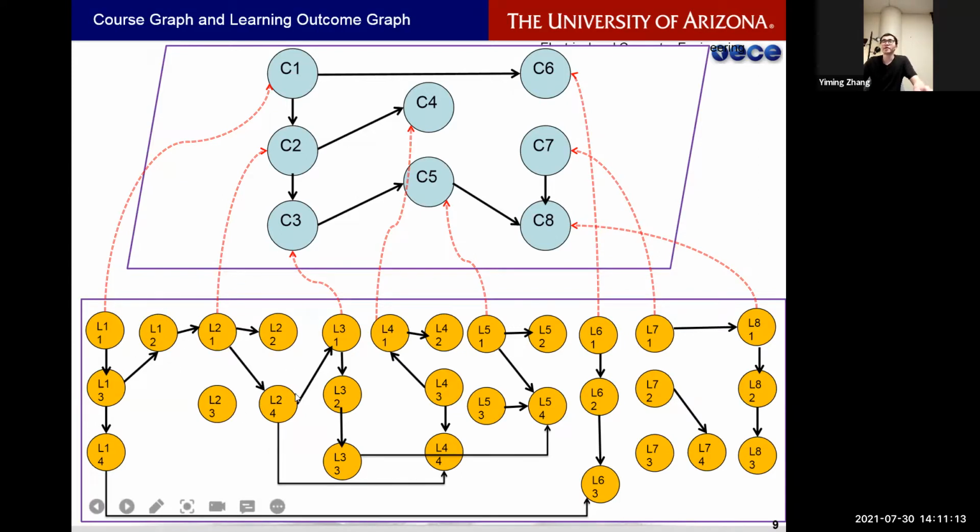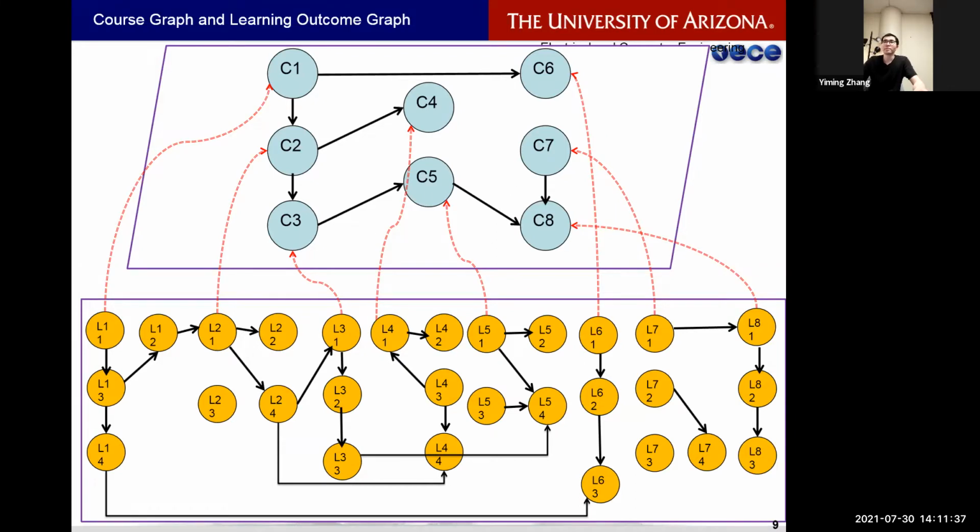Remember, previously I went over the curriculum complexity definition, and we found that the curriculum complexity is closely related to the number of prerequisites in a course graph. The idea is, if we want to reduce the complexity, we had better reduce the number of prerequisites in the course graph as much as we can.